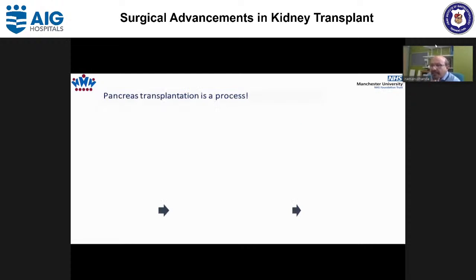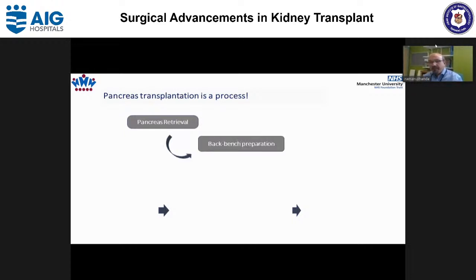So pancreas transplantation, like any other major surgery, is a process which starts with careful retrieval of the pancreas graft, followed by very meticulous backbench preparation, and then the implantation process itself. Now, the transplant procedure, I always divide into 3 modules.